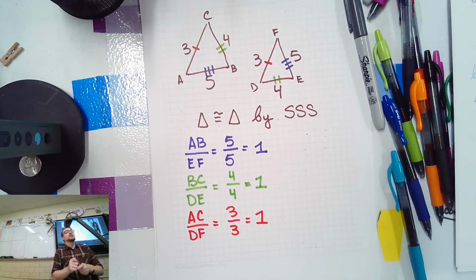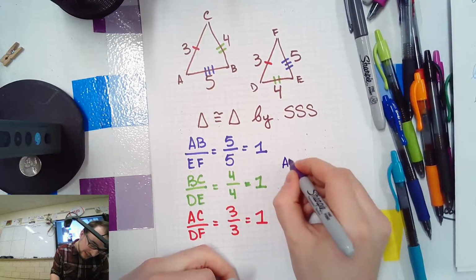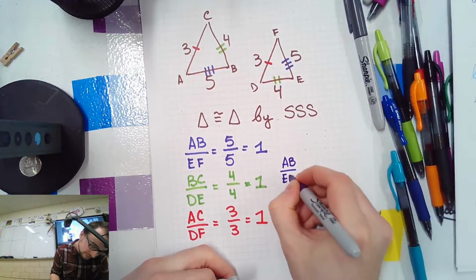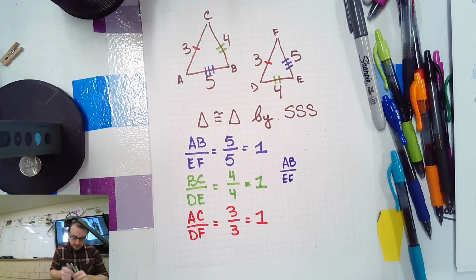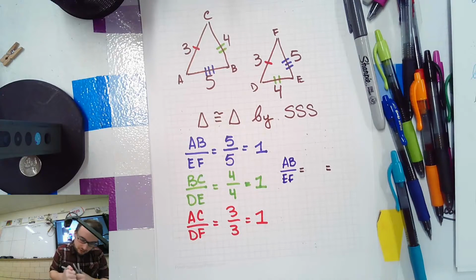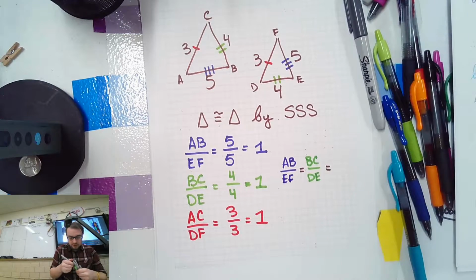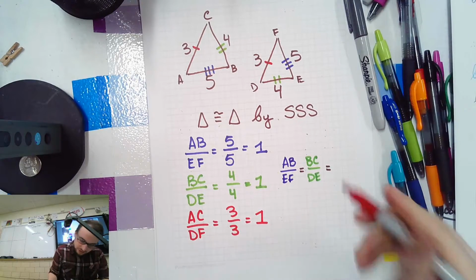Again, for the triangles to be similar, we need to say that all of their sides are proportional. So, is it true to say that AB over EF equals BC over DE equals AC over DF?